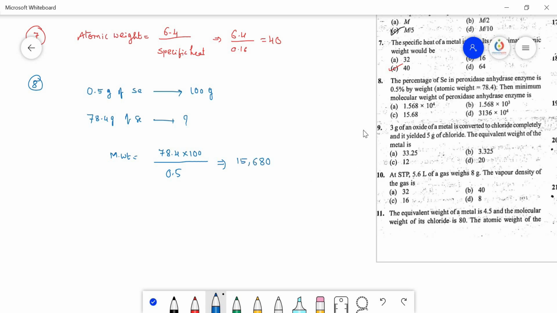But here the values are given in scientific notation, so this can be written as 1.568 into, after 1 how many digits are there? 1, 2, 3, 4 are there. So 10 power 4. Hence option A is correct.